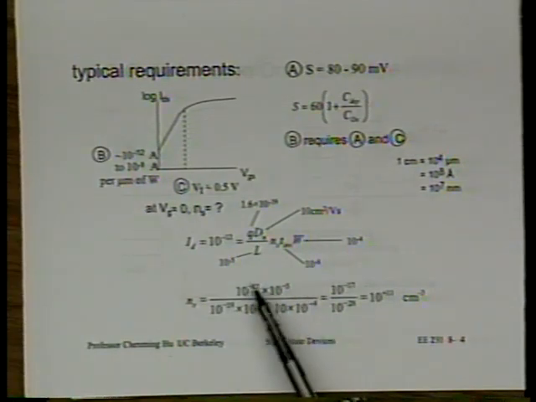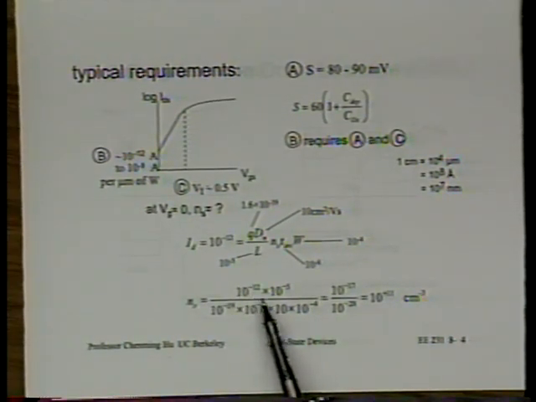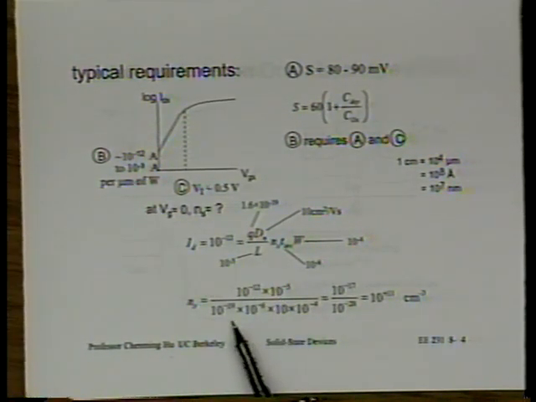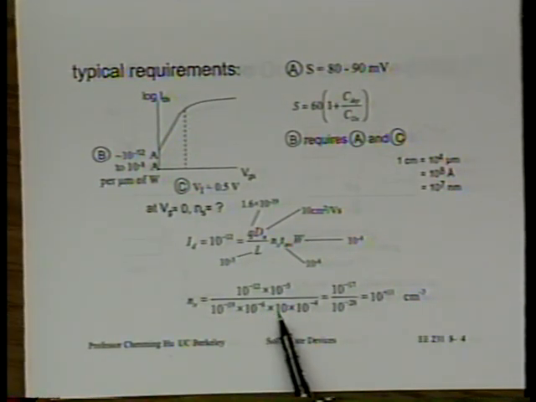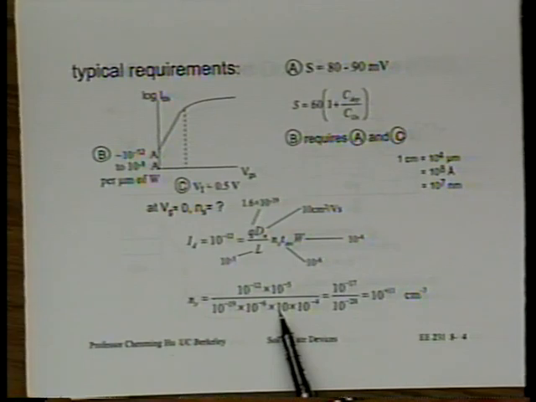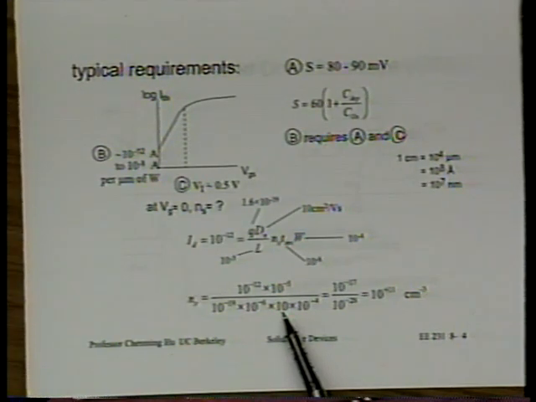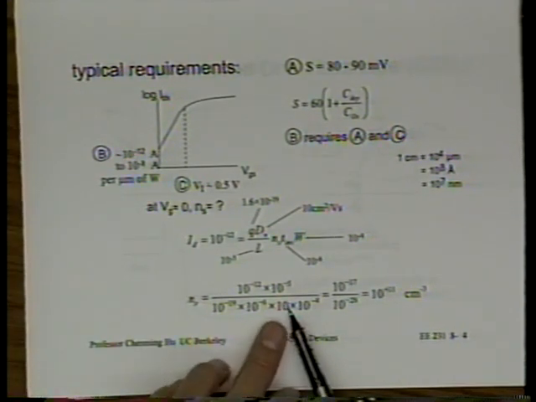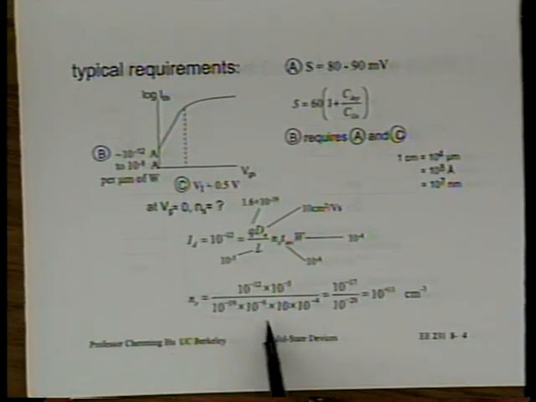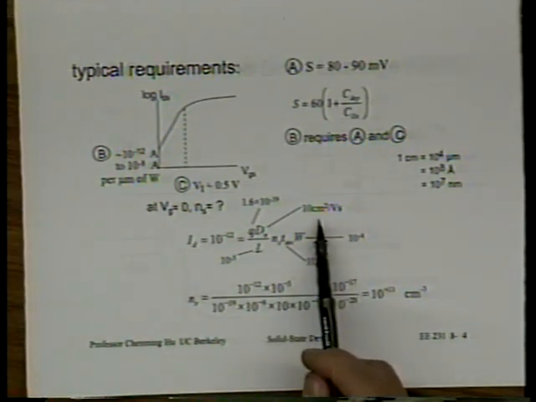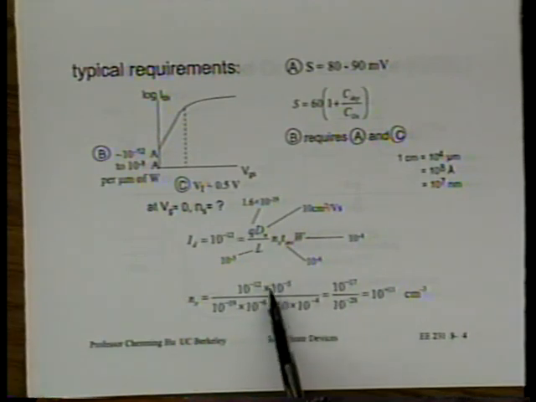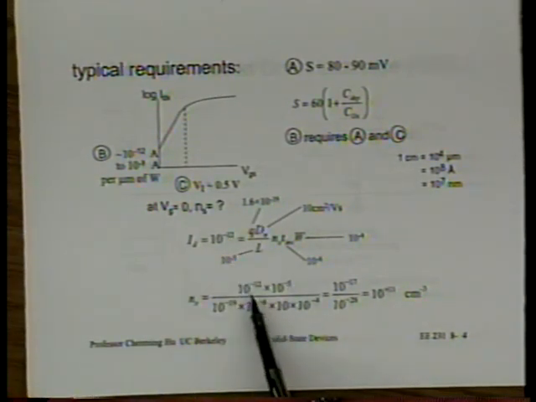So put these numbers in. 10 to the minus 12, 10 to the minus 5, and 10 to the 19, 10 to the minus 6, 10. Where does 10 come from? What is 10 to the minus 4, is this one? Oh, this must be 10 to the minus 5. What am I doing here? All right, let's do this again. 10 to the minus 12 is this term.